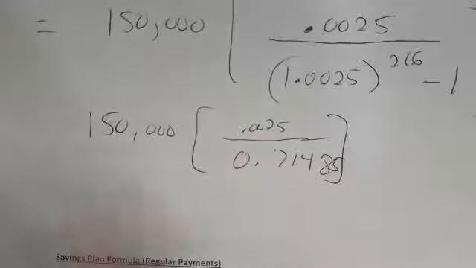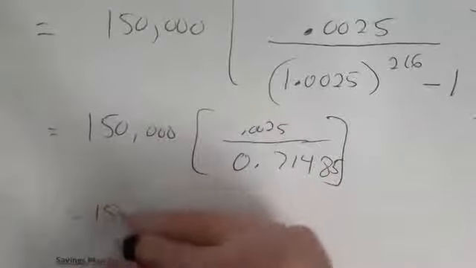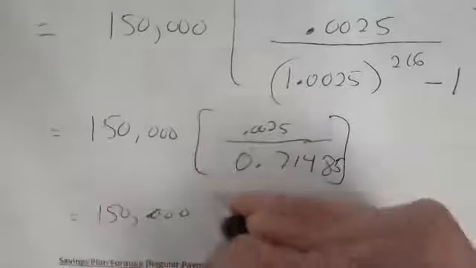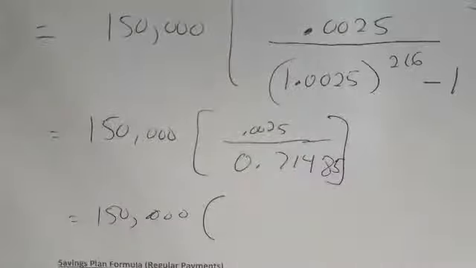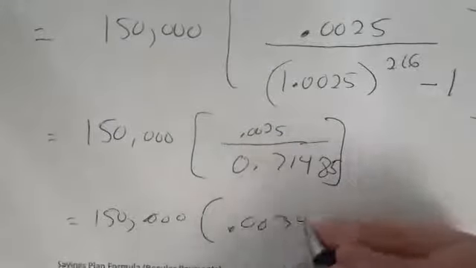Okay, so I have 150K. And now multiplying this, I have a number 0.003497, somewhere in that ballpark.